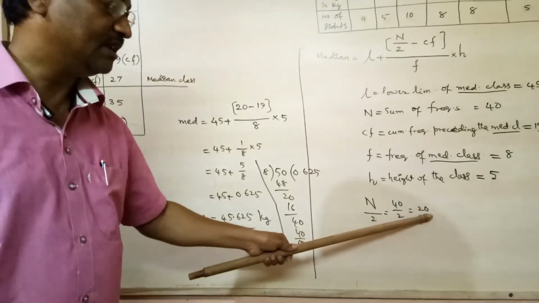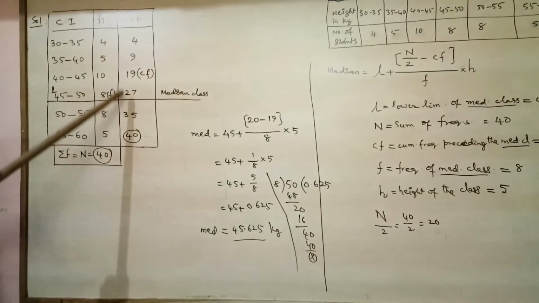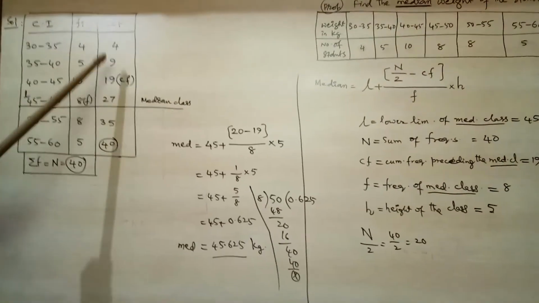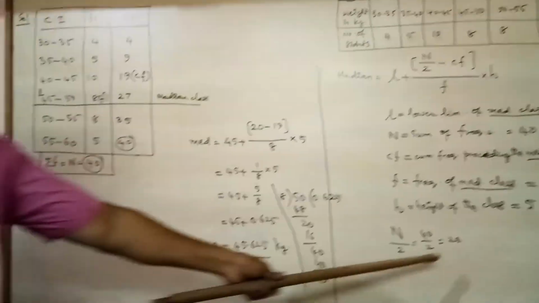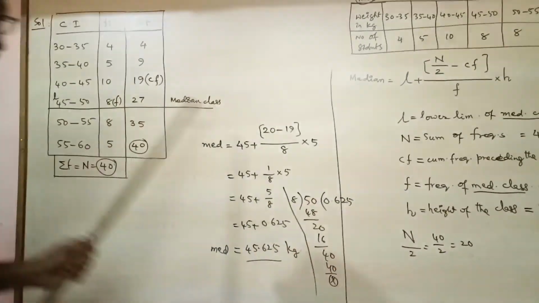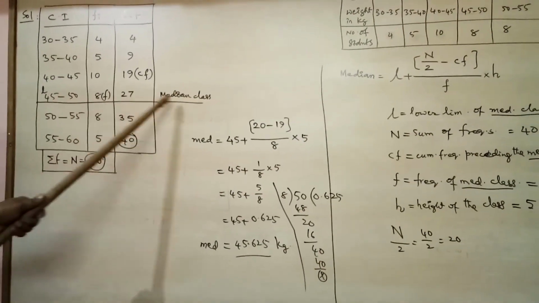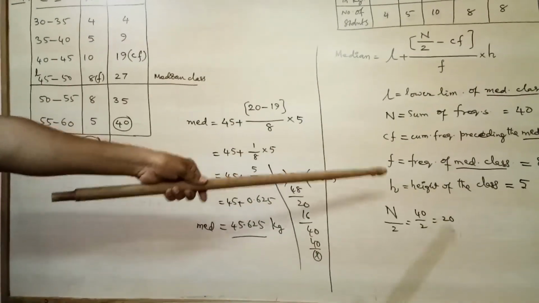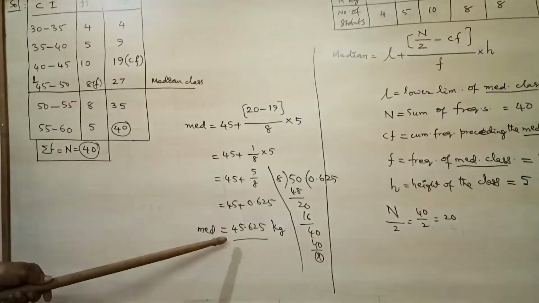Then see this n by 2 value under less than cumulative frequency. The class that includes it is the median class. After finding the median class, we can easily find the rest. Then substitute in the formula, simplify, and you will get the answer.